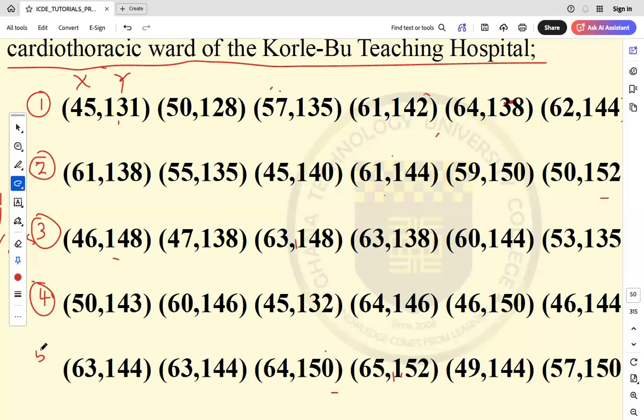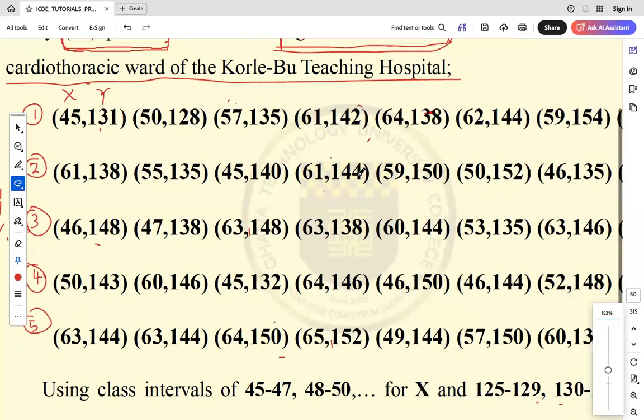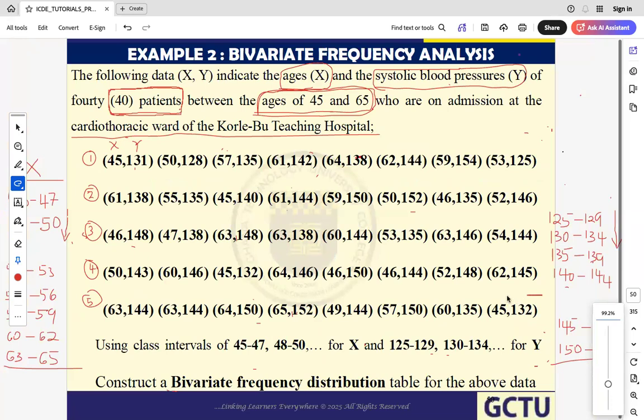The fifth patient is 63 years, pressure recorded is 144. So the data continues in this fashion until you get to the last patient, patient number 40, whose age is 45 years and pressure 132.